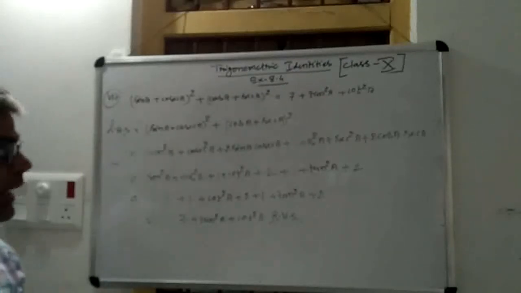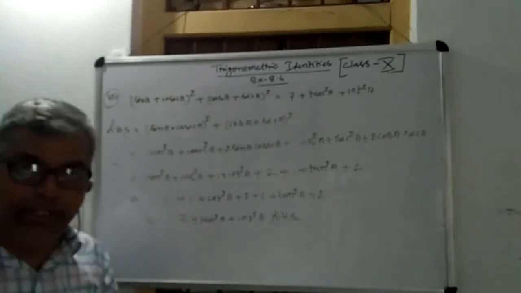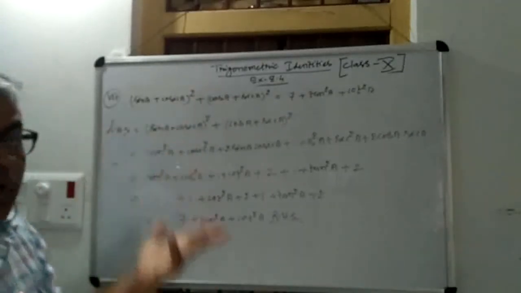So this one was a very simple identity. You just have to apply the algebraic formula (A + B) whole square.